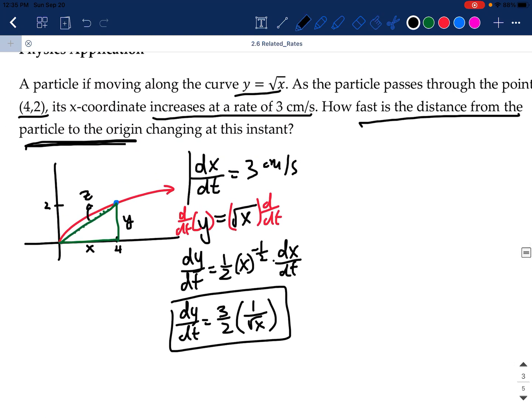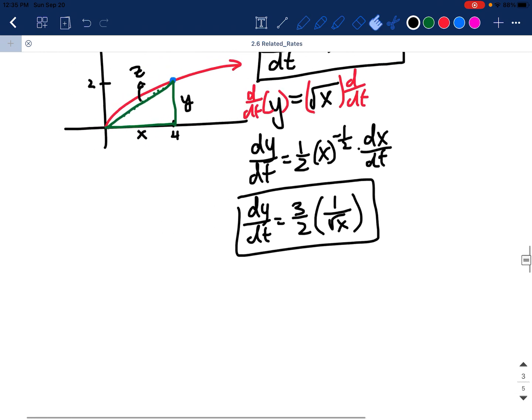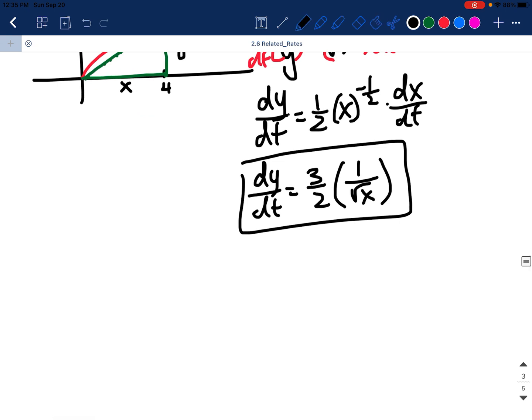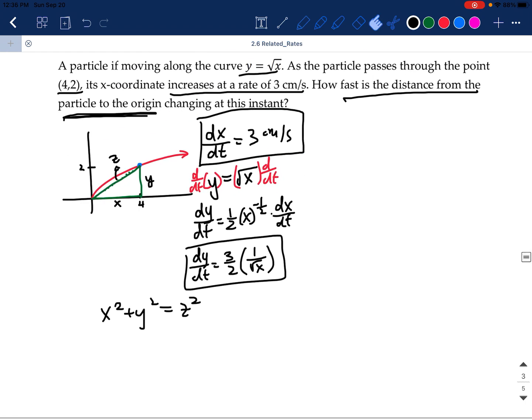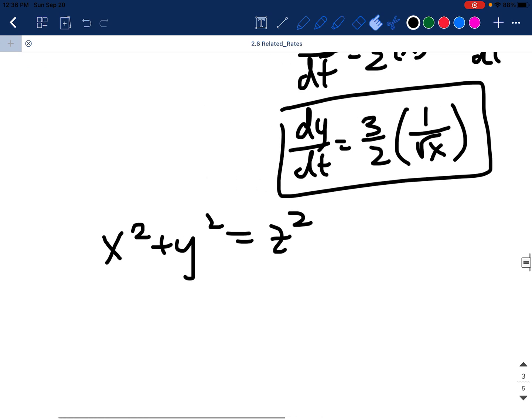So dx/dt and dy/dt we can figure out pretty quickly. And then for the distance to the origin, we're going to use the Pythagorean theorem again. So we'll note that x squared plus y squared is equal to z squared, and we want to know dz/dt. So let's go ahead and calculate.